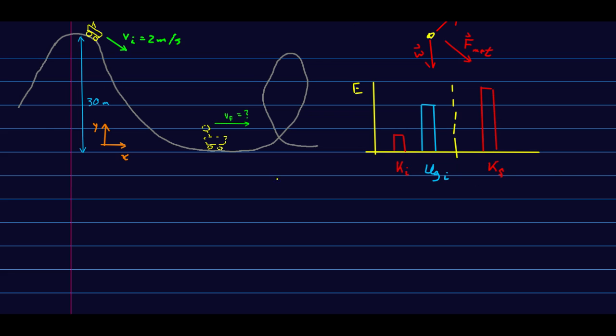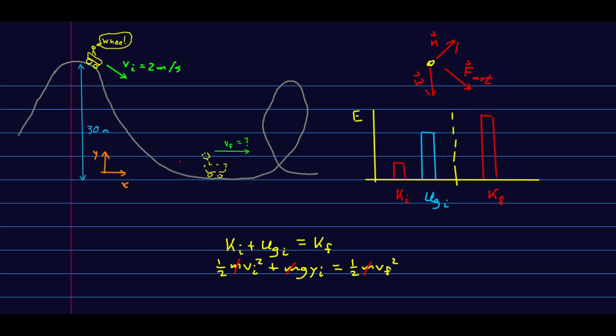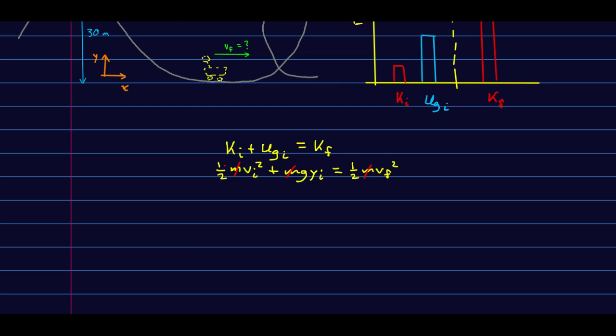And so I can write my conservation of energy, which I can rewrite like so. And conveniently, the mass is going to cancel out. That tells us that the speed that a cart goes at the bottom is independent of the mass of the cart or the mass of the riders.